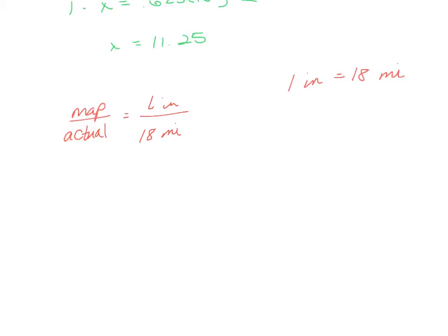So this time, instead of replacing map with something, we are going to replace actual with 4, and that still equals 1 over 18. Then I cross multiply, and I get 18x equals 4. Divide by 18, and we get x equals 2/9, which is about 0.2 miles.